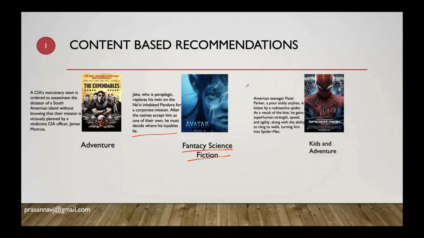I need to understand the context of this particular movie, and based on that I need to go and identify which movie has a similar storyline. Once I have the similar storylines, I can order them based on the ranking of those movies and provide those details to the users. So that is an approach.